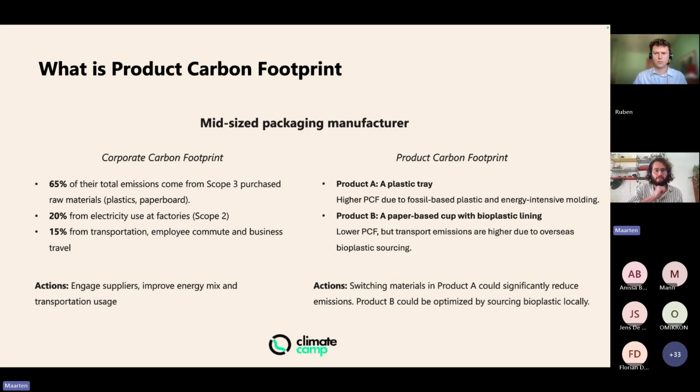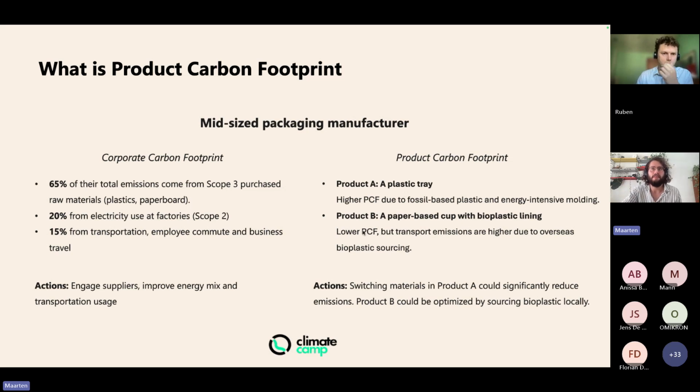Now, the actions we had before related to the corporate carbon footprint were very broad. Here we can see, okay, maybe for product A, we should be able to switch materials. Maybe we can switch the plastics, make sure it lasts longer, is more sturdy, and that could significantly reduce emissions. And maybe for product B, there is an alternative route to source bioplastic more locally or less far away.